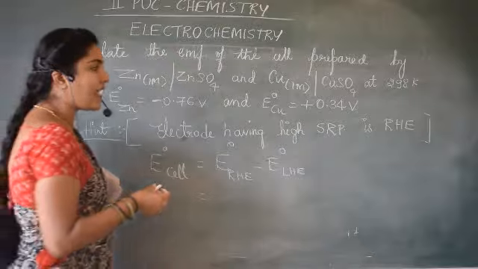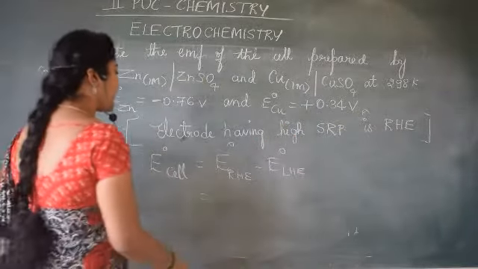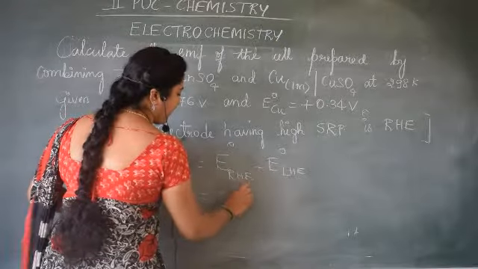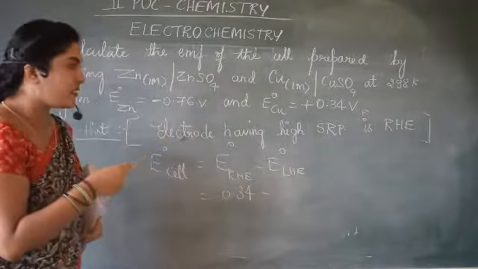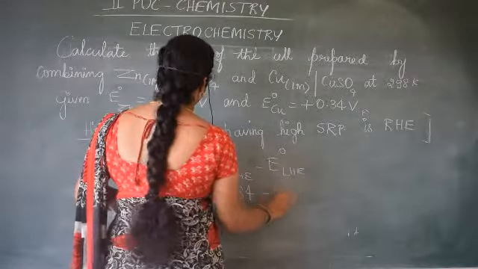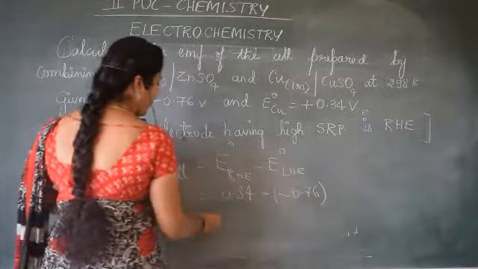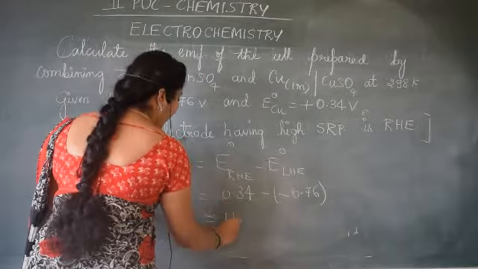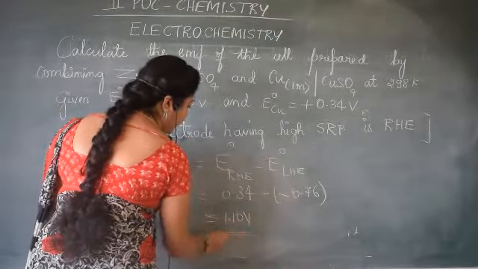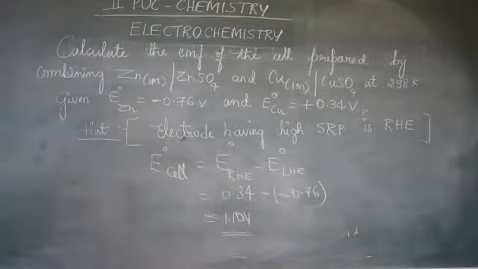Therefore that is taken as RHE. So substitute 0.34 minus, the left hand electrode being zinc, minus of minus 0.76. So you get the value as 1.10 volt, which is the EMF of the given cell.